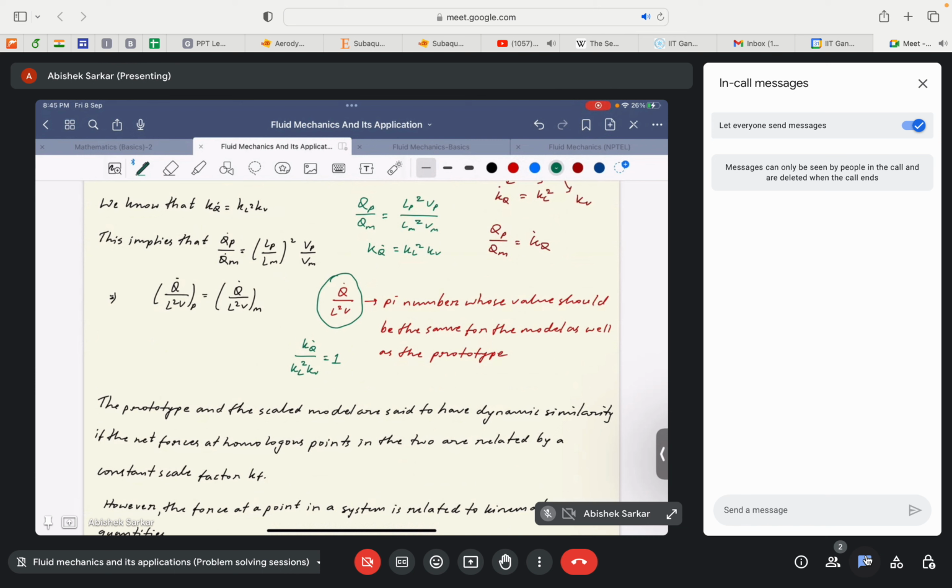So this is exactly what is being compared in this equation. And you will see in the later part of the course, when we deal with pumps and turbines, that this parameter is one of the fundamental and integral parts for understanding the functioning and characterizing the pumps and the turbines.